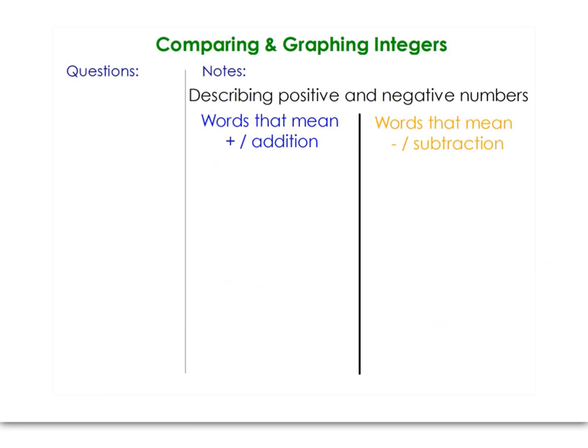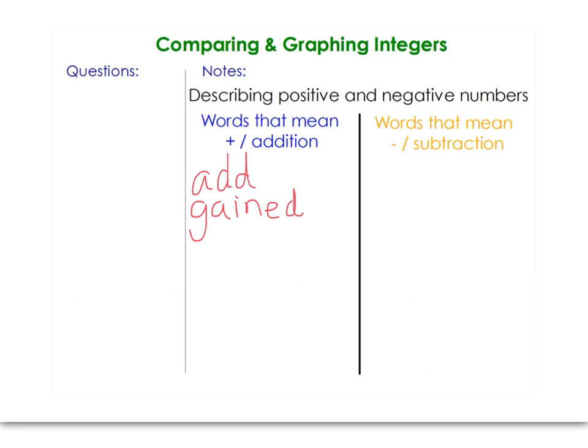So what are some words that mean addition? If I'm thinking about describing a number, well, if I'm adding, that's addition. What about, I know we got a bunch of football players and sports fans in this class. If you have a positive number of yards, you could say you gained yards.